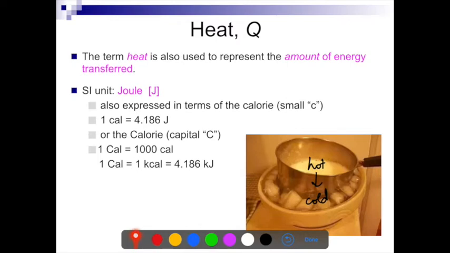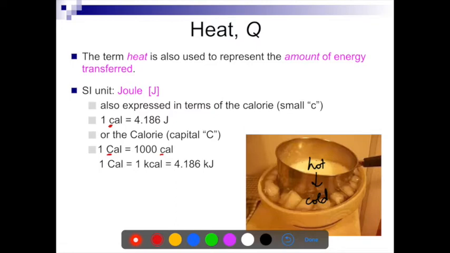Now, why the emphasis on lowercase c? It is because calorie with a capital C means 1,000 calories with a lowercase c. So 1 calorie with a capital C is equal to 1,000 calories with a small c.